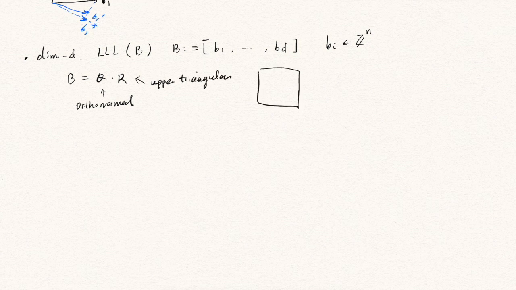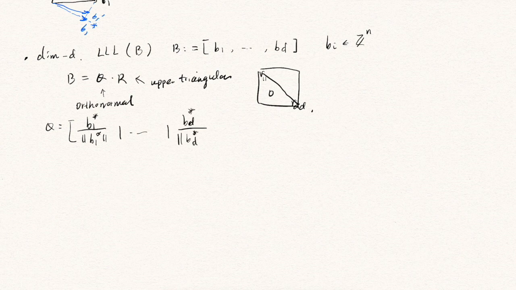So the R looks like this, with zeros below, and R11 to RDD on the diagonal, and some off-diagonal entries. Q consists of the Gram-Schmidt vectors, each divided by its length, so that it's orthonormal, so Bi star divided by the length of Bi star.